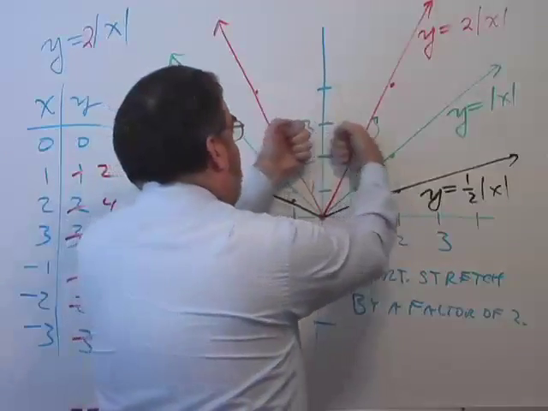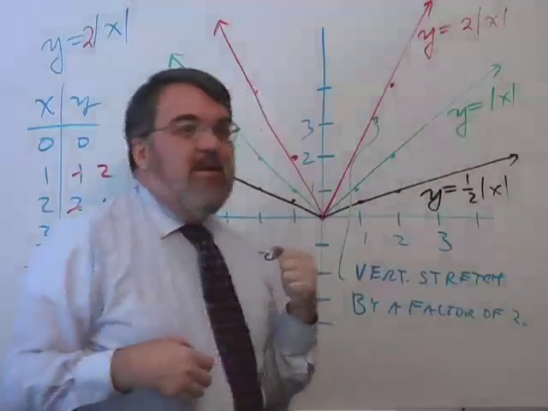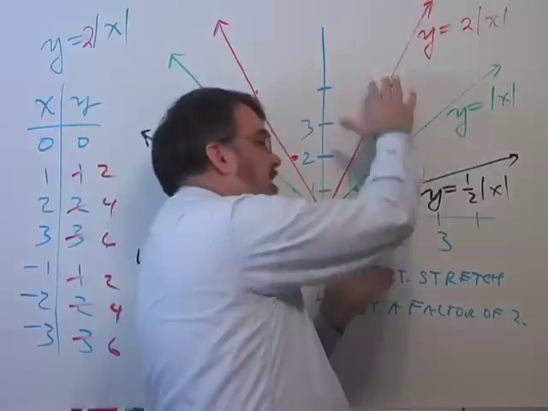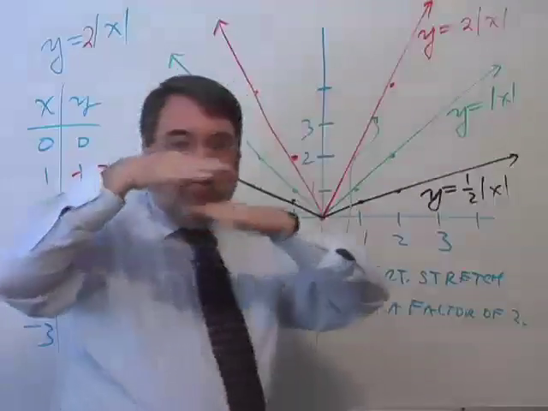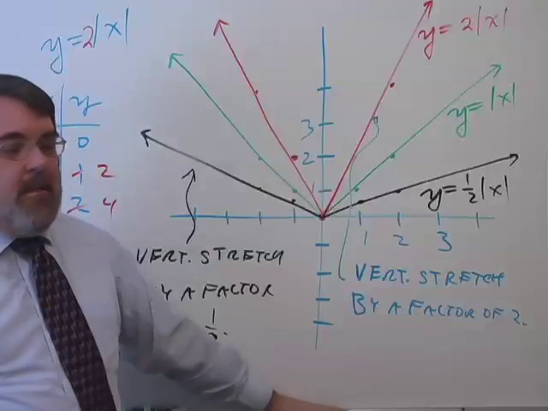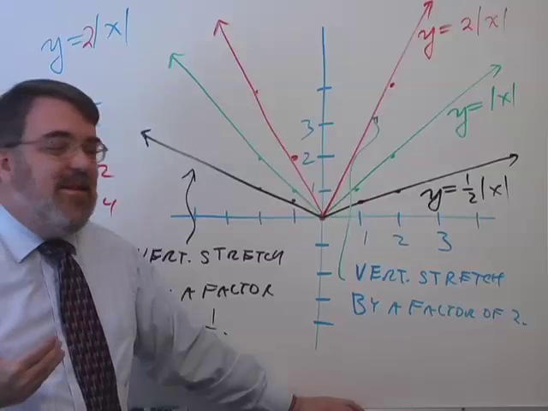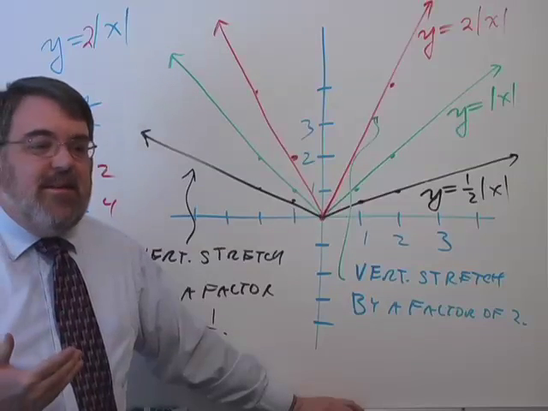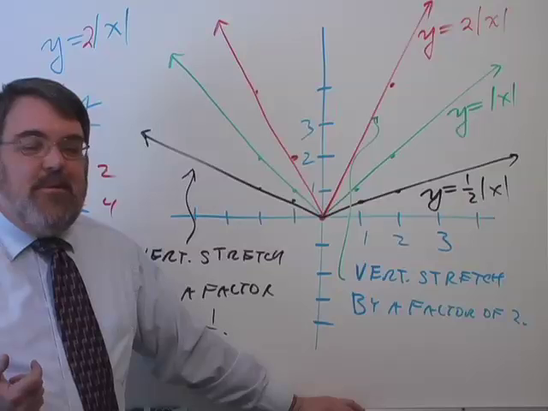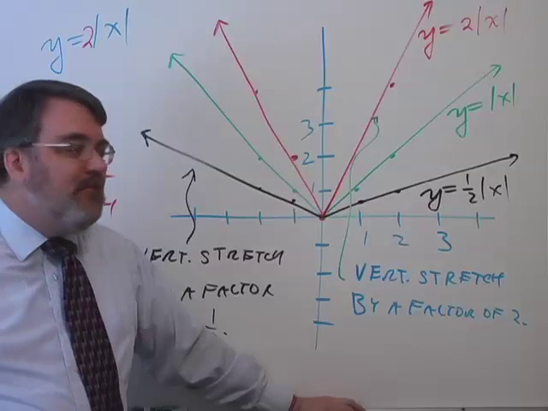So this horizontal stretch by a factor of 2 is equivalent to a vertical stretch by a factor of 1/2. In other words, a compression. So horizontal stretches and compressions work oppositely, in a sense, from their vertical counterparts.